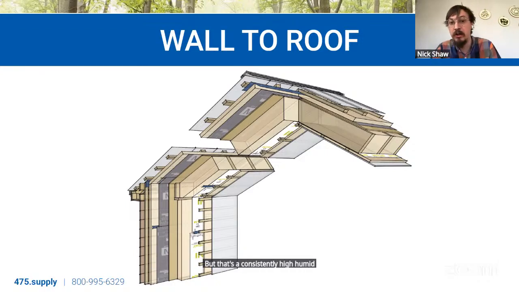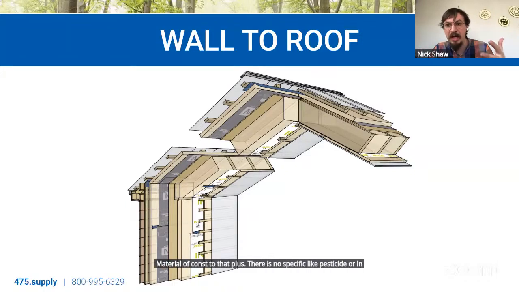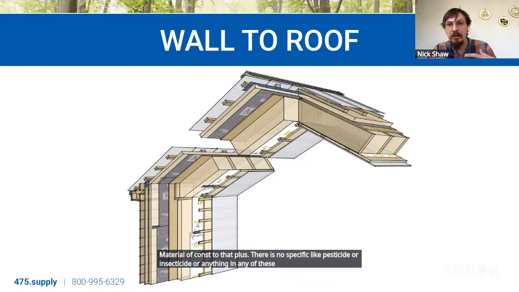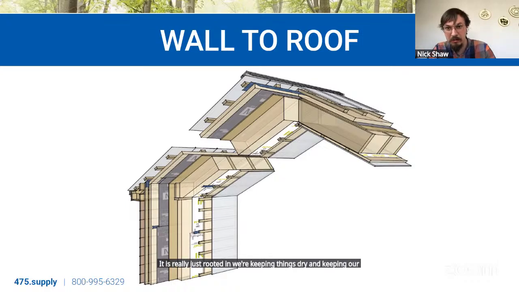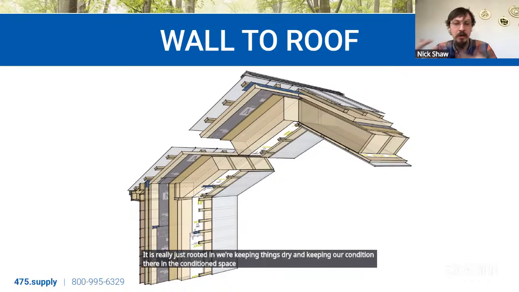We do want to use the lower perm material of Contavent Plus. There is no specific pesticide or insecticide or anything in any of these membranes. It is really just rooted in keeping things dry and keeping our conditioned air in the conditioned space. There is no further pest or rodent prevention other than that.